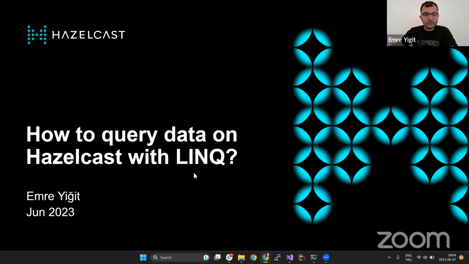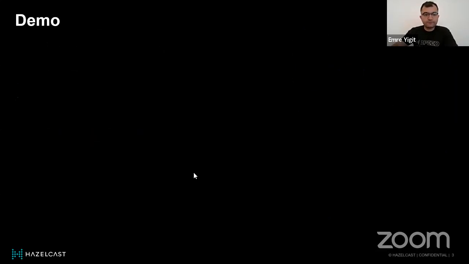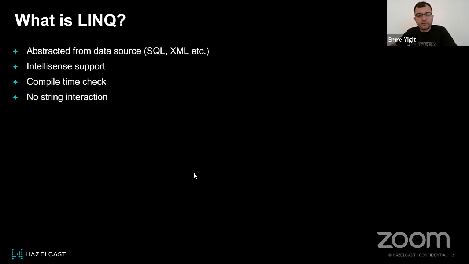So let me talk a bit about LINQ. It is abstracted from the data source. Whatever your data source is doesn't matter to the LINQ user, since it's very abstracted from the data layer, and a provider can work on different things. For example, big databases have LINQ providers, like Microsoft SQL and PostgreSQL.